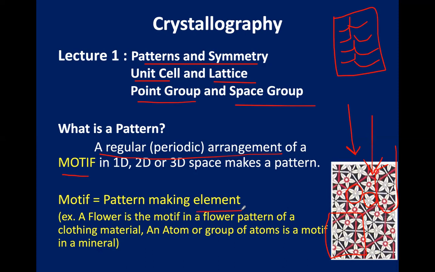Element is not like calcium, potassium, sodium, not that element. It's just a component. Even for a crystal, you have the same type of pattern that is made up of single atoms or groups of atoms.